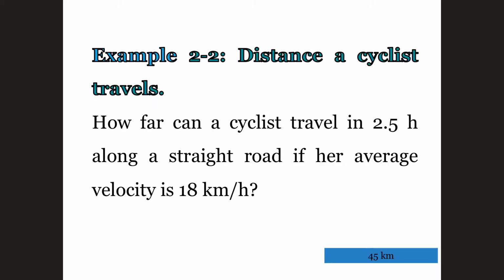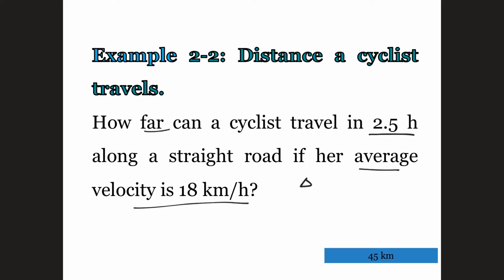Okay. Next question: how far can a cyclist travel in 2.5 hours along a straight road if her average velocity is 18 km per hour? So right now the question already gives you the average velocity, and they already give you the time, but now they are going to ask you how far. That means the displacement.